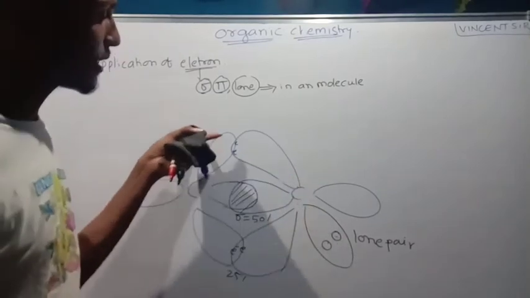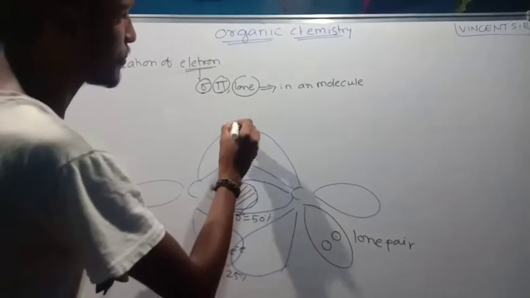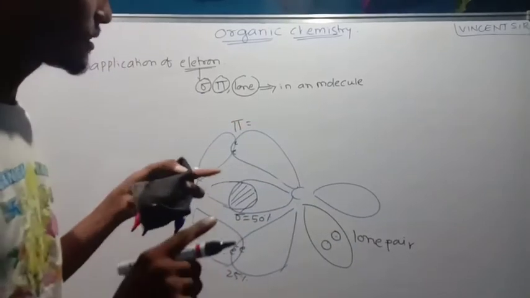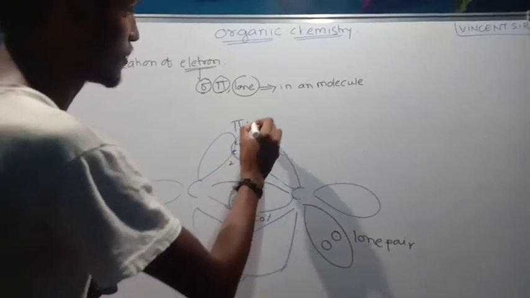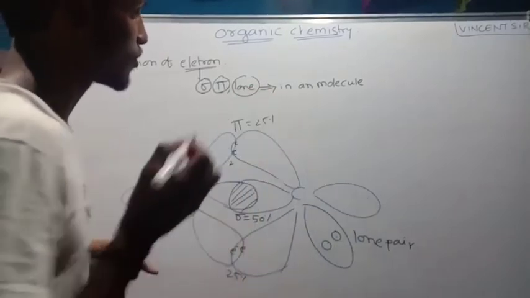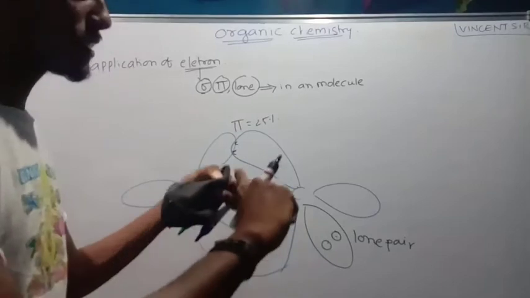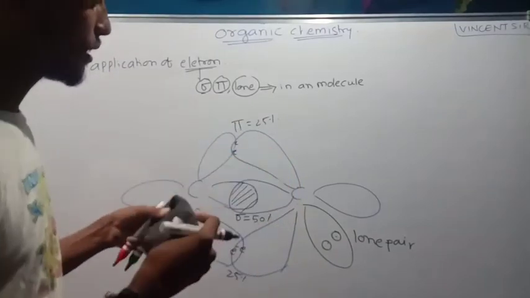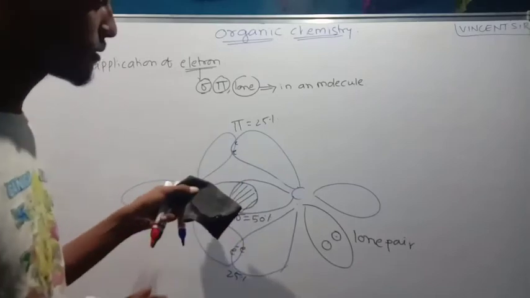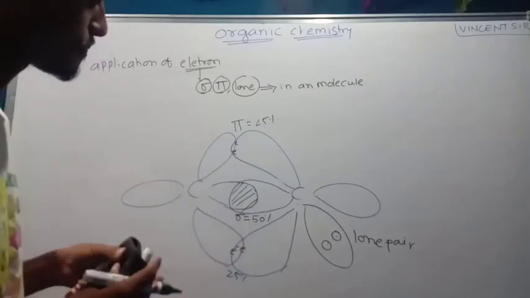And in the pi bonding there is just 25% overlapping, it indicates these are just simply like this. And sigma bonding means 50% overlapping.